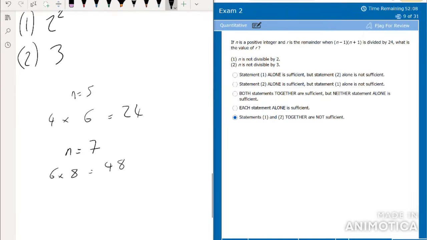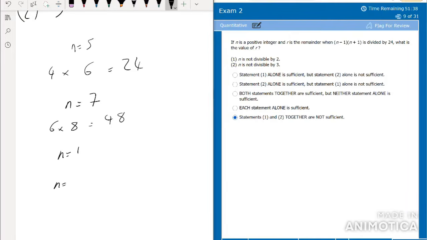Okay. What about n equals, so this is why it's worth checking, even if you think it's right. N equals, I suppose, 1. Zero divided by 24. Okay, I'm looking for an exception to the rule.